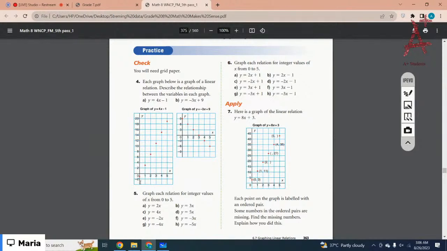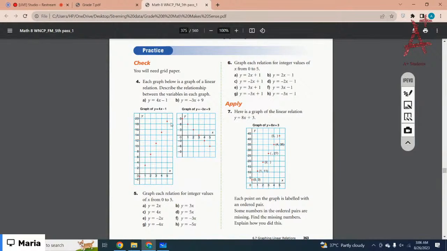That means if x increases by 1, y increases by 4. You can see here when x is 1, y is 3, right? When x is 2, it goes to 7. So when x increases by 1, y increases by 4, right?